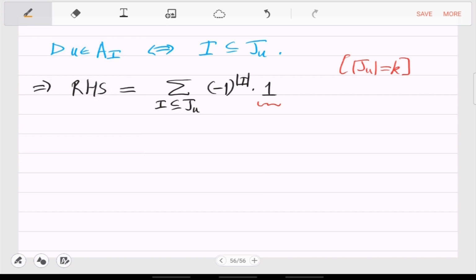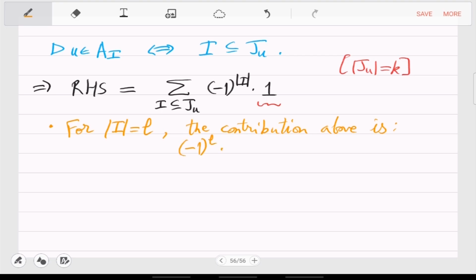So what happens next is the following, that's the magic: for I of size, let me use something else, L. For the subsets of size L of JU, the contribution is, so basically we are fixing the size of I, right?